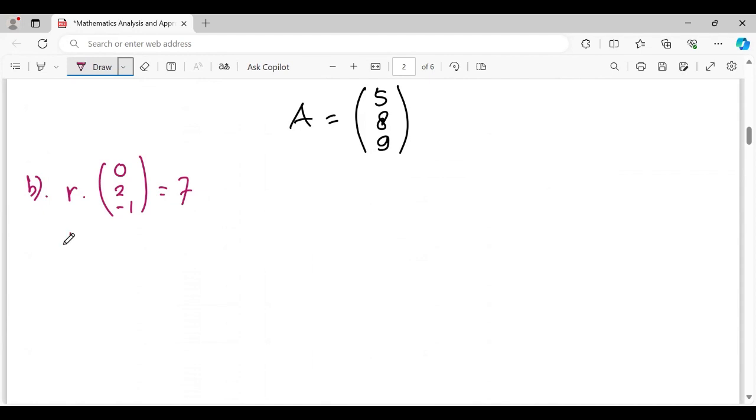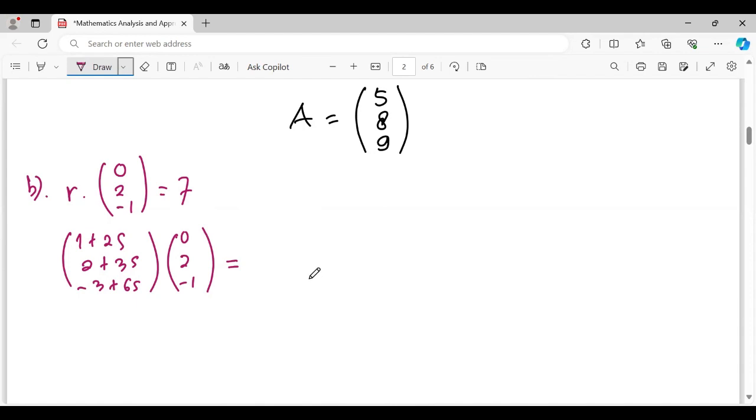So r is (1 + 2s, 2 + 3s, -3 + 6s) dotted with (0, 2, -1). We're going to prove it.